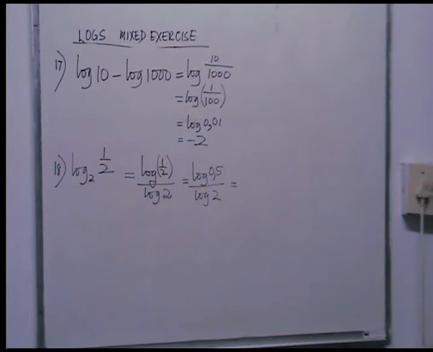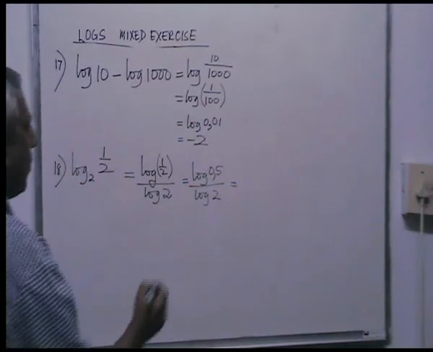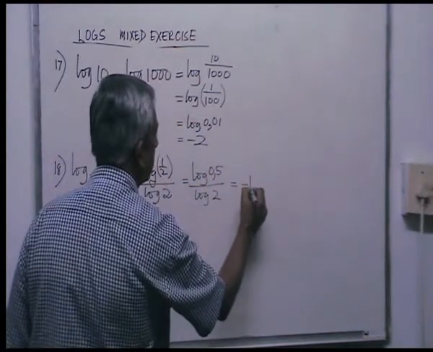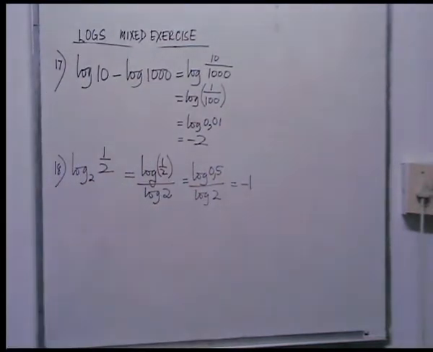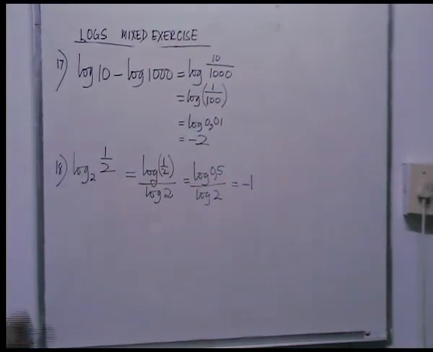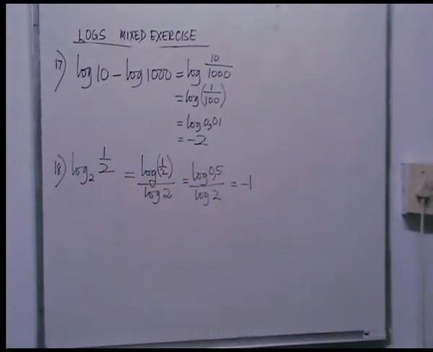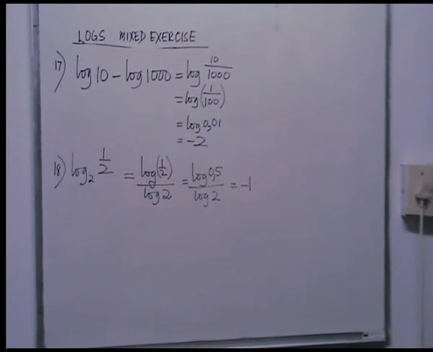Take your calculator and say log of 0.5 divided by log of 2 is equal to, and you get minus 1. Once again, I must remind you, there are other ways of getting this answer, but we're just showing you how to apply the rules and get the calculator to help you to find these answers.